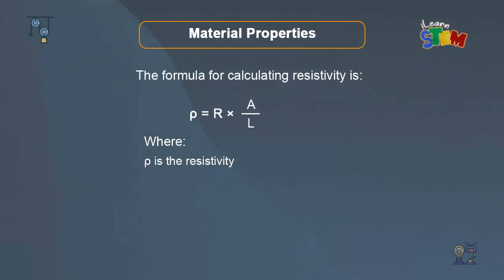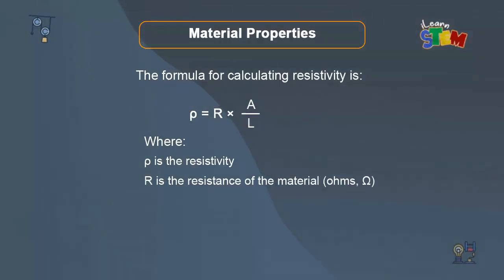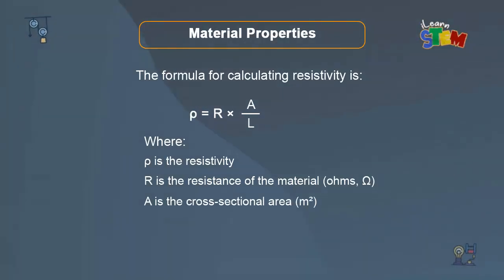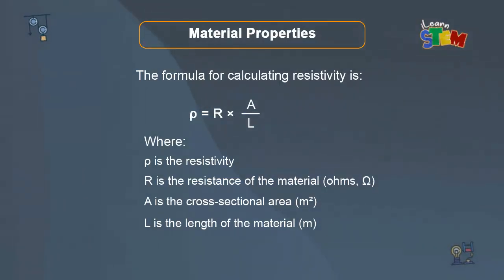Where ρ is the resistivity, R is the resistance of the material in ohms, A is the cross-sectional area in square meters, and L is the length of the material in meters.